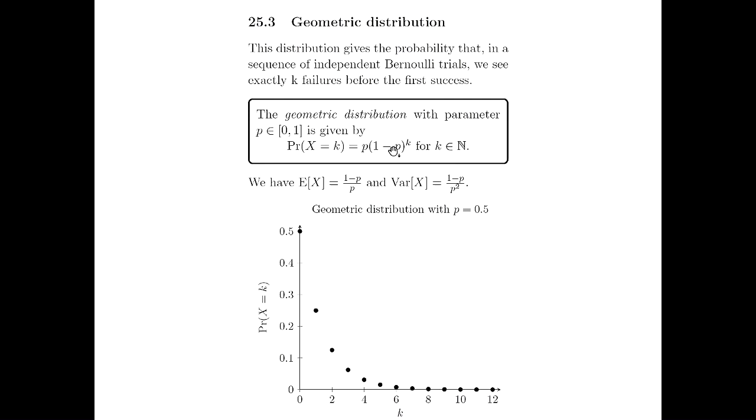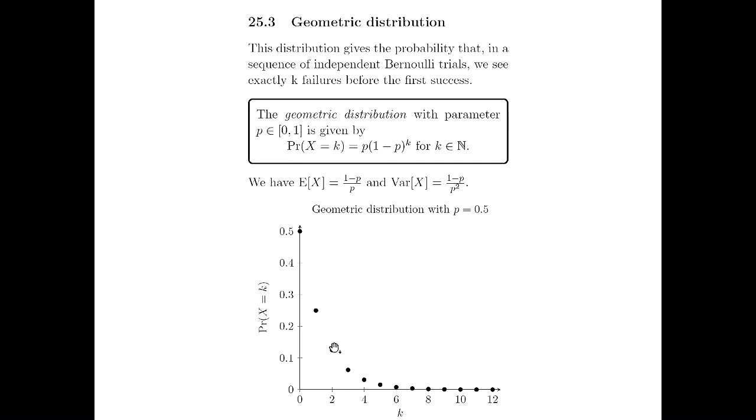And so this is what a geometric distribution with p equals a half looks like, right? There's a 50% chance that there's no failures before the first success, that you succeed first time, right? So there's a 50% chance it's 0. There's a 25% chance that there's one failure before the first success, because that's the probability of 0, 1.